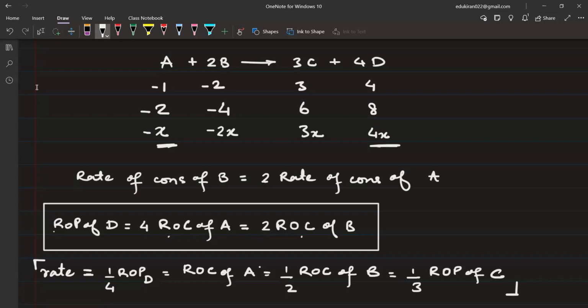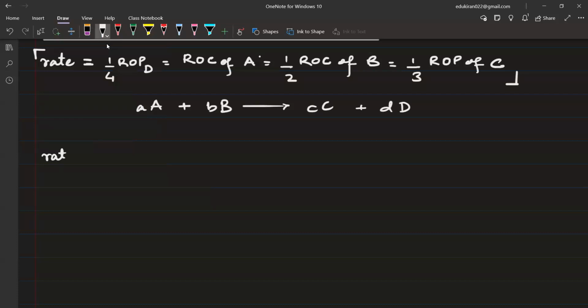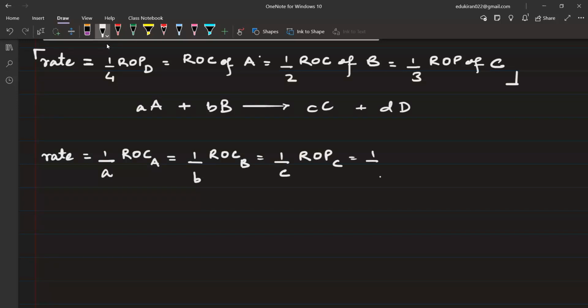Now, for a generalized reaction, please don't write anything from here. For a generalized reaction aA + bB gives cC + dD, the rate of reaction is equal to 1 by a, rate of consumption of A, which will be equal to 1 by b, rate of consumption of B, will be equal to 1 by c, rate of production of C, will be equal to 1 by d, rate of production of D. And what are these terms?